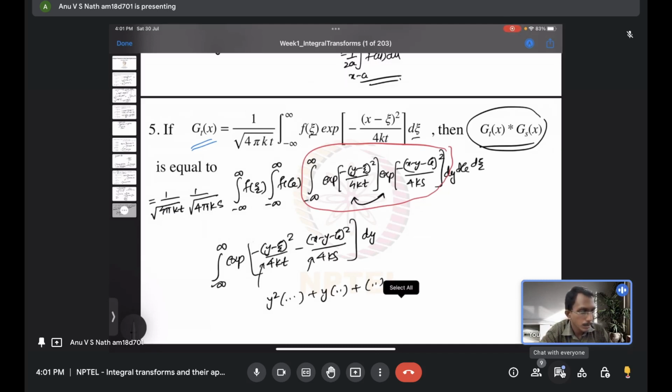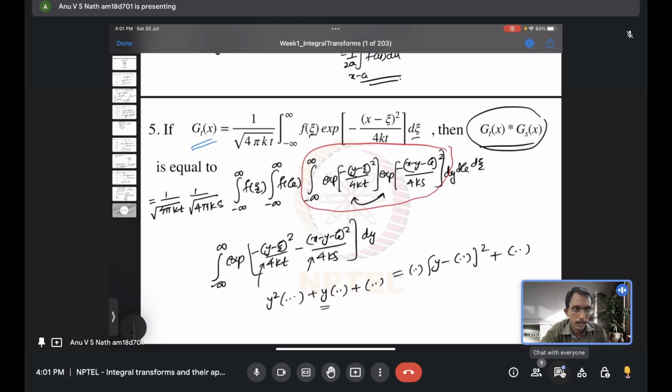Now you have to group this by completing the squares, so that you can write it in terms of y minus something, the whole square, multiplied with some pre-constant. You can do this, right? Basically completing the square, then plus you will have some other constant terms. This way you can remove the linear term.